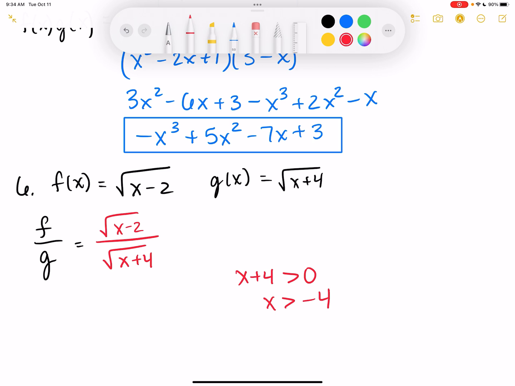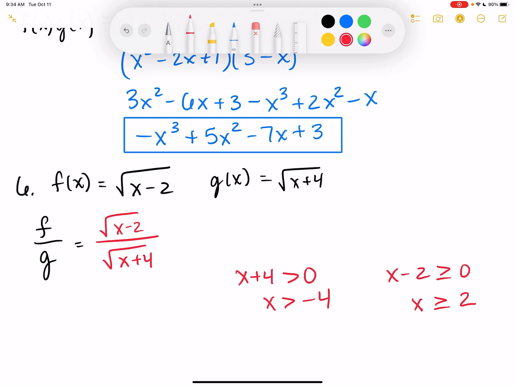Is the top also a radical? Yes, so I need to do the same thing. So x minus 2 can be greater than or equal to 0, so x is greater than or equal to 2. So x is going to have to be the same thing for both of them.